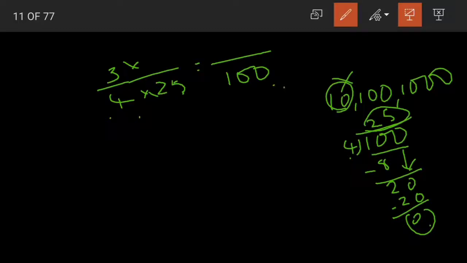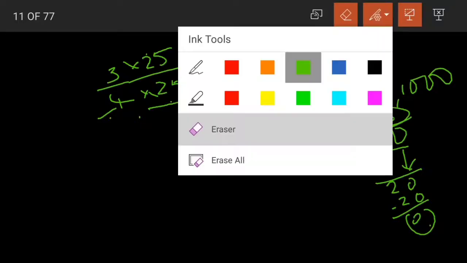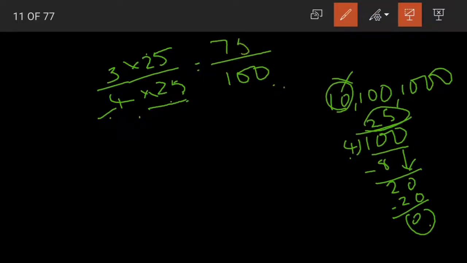Now as we have multiplied by 25 in the denominator, we have to do the same with the numerator. So 3 into 25, 25 into 3 is equal to 75. So 75 becomes the numerator and 4 into 25 is our 100.